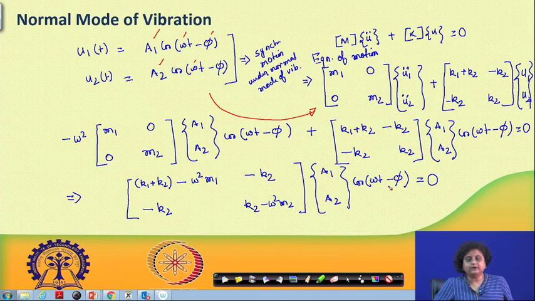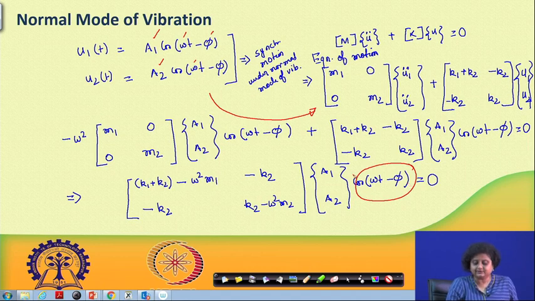Now, let us look into this equation. Cos(omega t minus phi) can never be equal to 0 for all values of time, right. For certain values of t it can be 0, but not for all values of t. So, this part of the equation cannot be equal to 0.